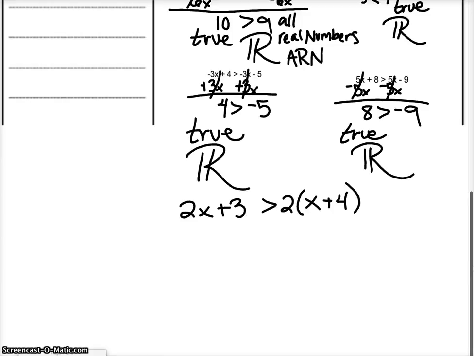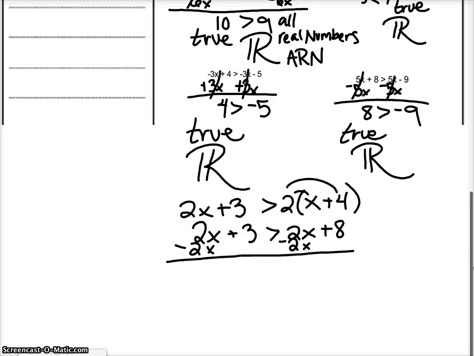So I could go ahead and solve this one, and I get 2x plus 3 is bigger than 2x plus 8. Then I could move my x to one side, and I get 3 is bigger than 8. That is a false statement because 3 is smaller than 8, so we would call it no solution.